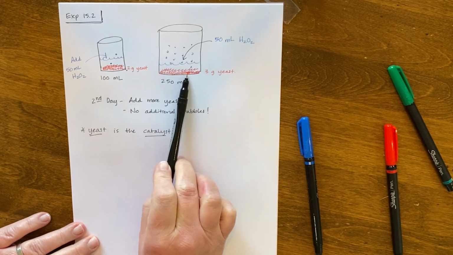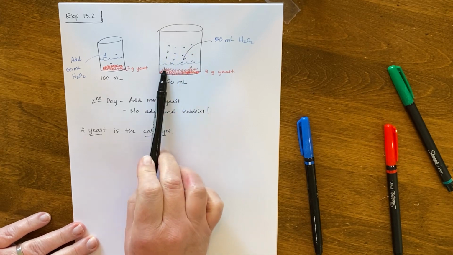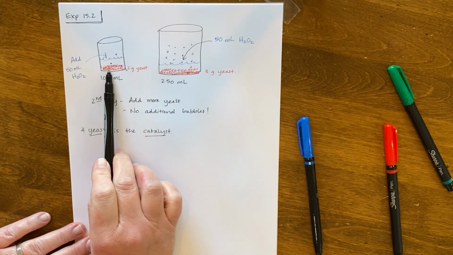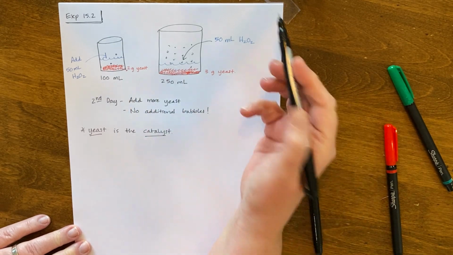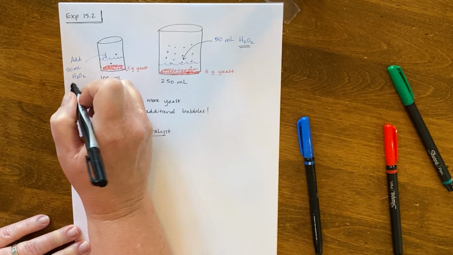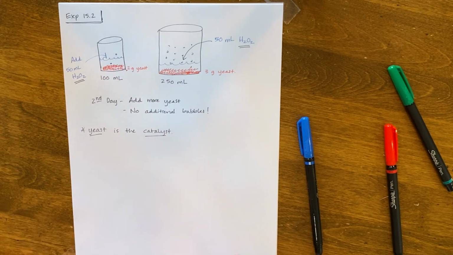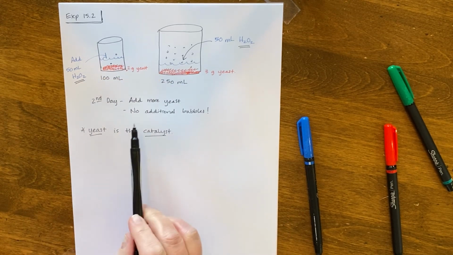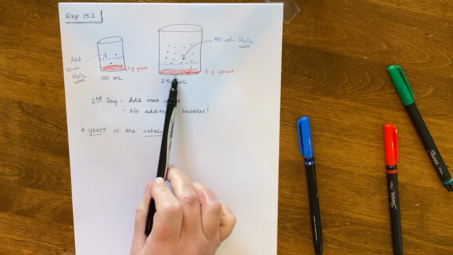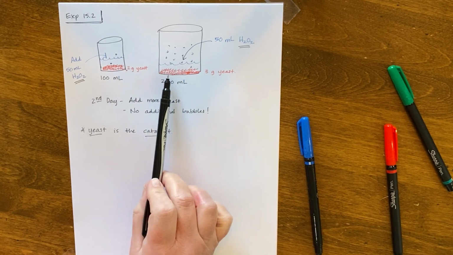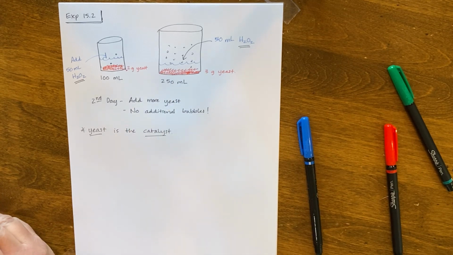This one just happened fast, which is why we saw a bunch of bubbles in the very beginning. This one happened much slower. But overnight, because in both beakers the hydrogen peroxide completely decomposed, when I added more yeast, I didn't get any more bubbles because remember, yeast is just the catalyst. It wasn't actually taking part in the reaction.